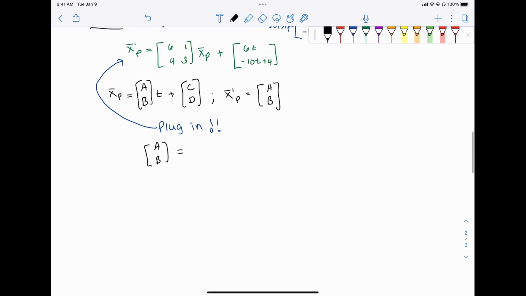And that's going to equal, well, this doesn't change, 6, 1, 4, 3 times x of p, but x of p equals a b t plus c d.